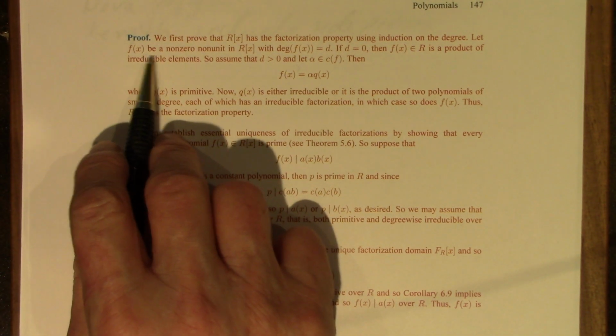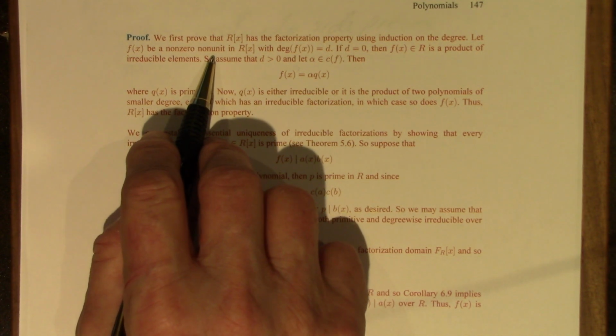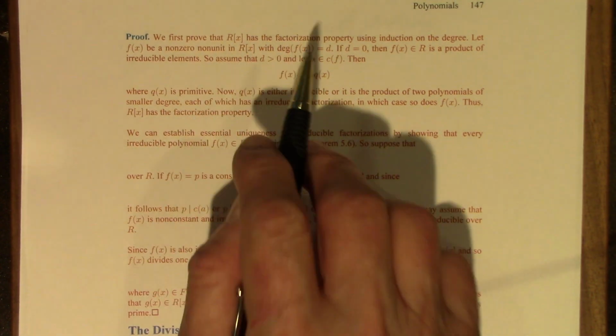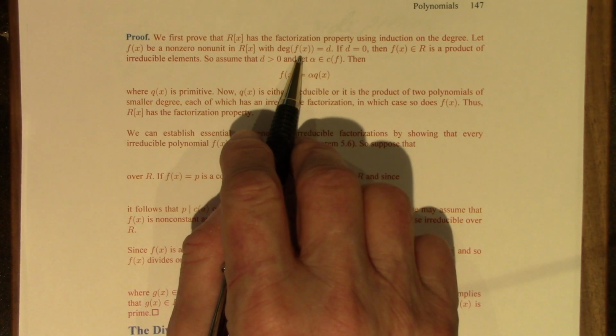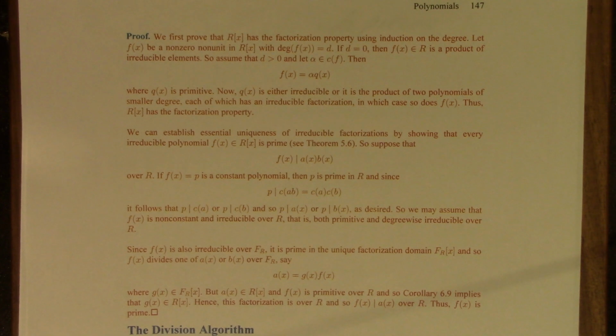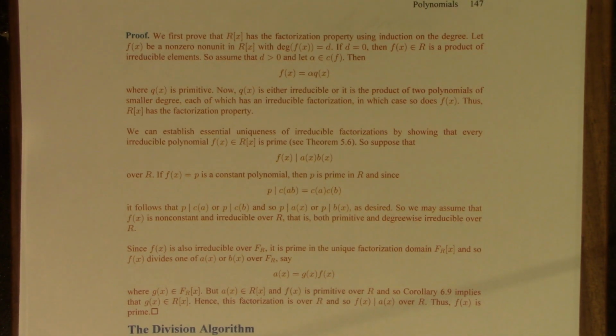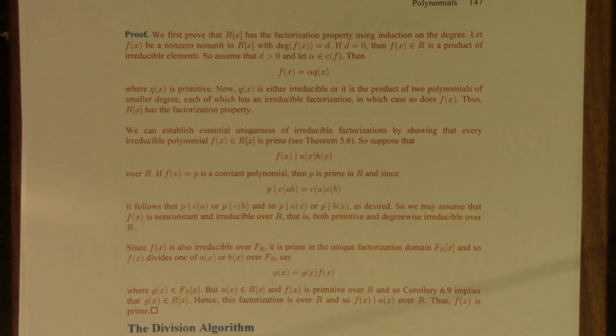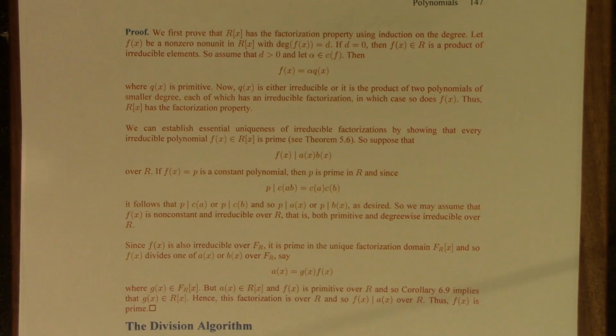So let f of x be a non-zero, non-unit in R[x] with the degree of f equal to d. If d is equal to 0, then f of x is a constant, so it's an element of the unique factorization domain R, and it is therefore a product of irreducible elements.